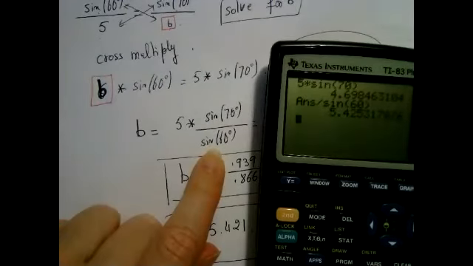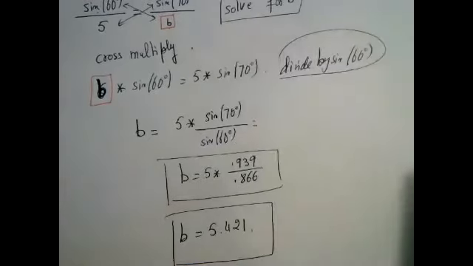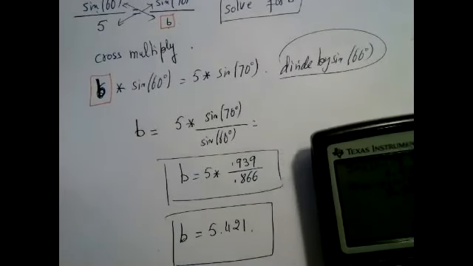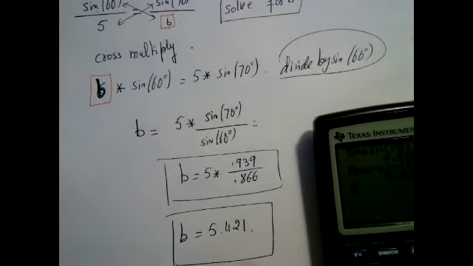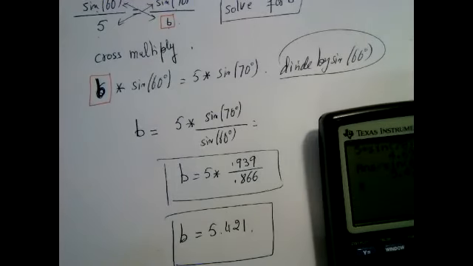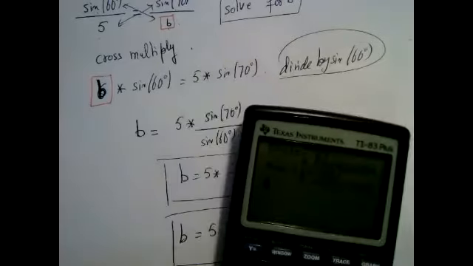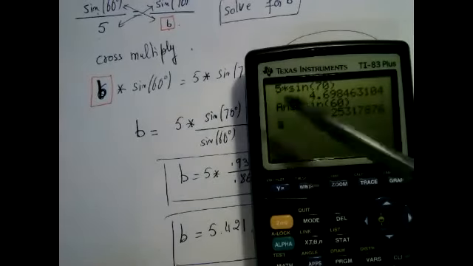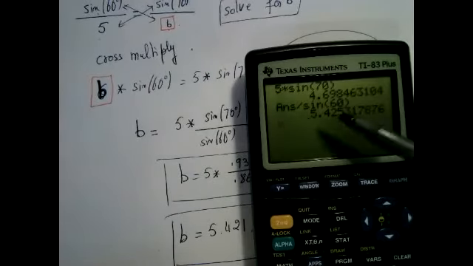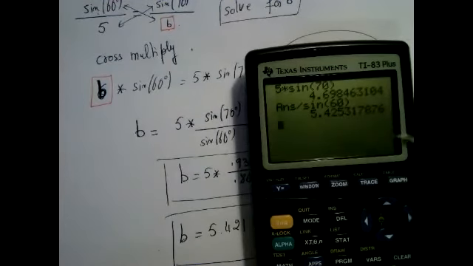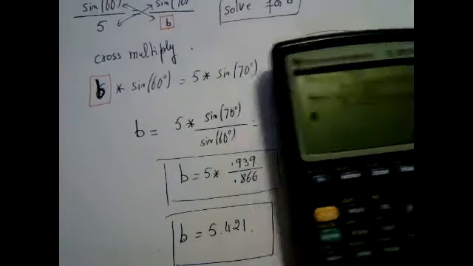That's the most accurate way to enter it, which is going to give me 5.425, which is actually more accurate than the answer I gave you because there is no rounding in this scenario. So the best way to do it is take 5 times the sine of 70, divide by the sine of 60. That's how you get the most accurate answer in your problem.